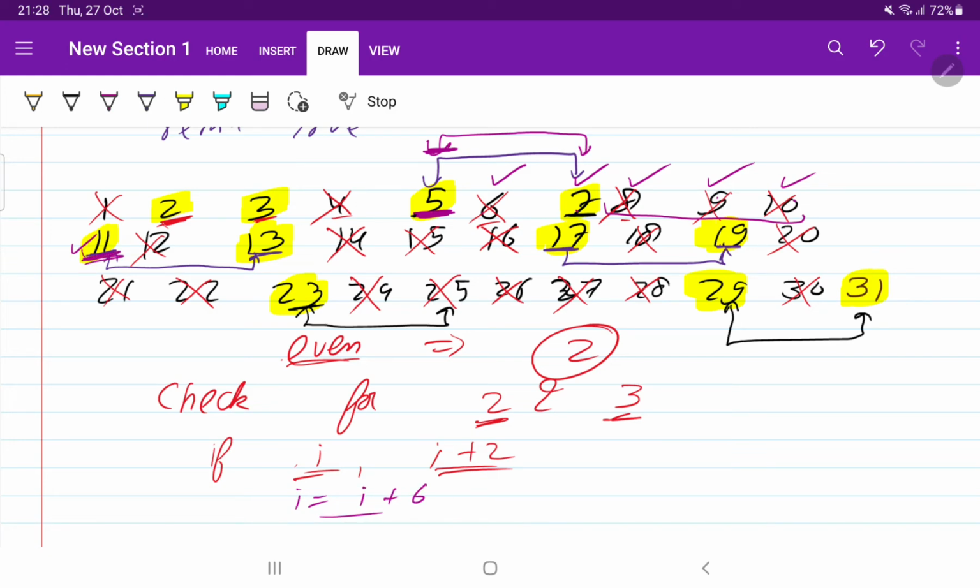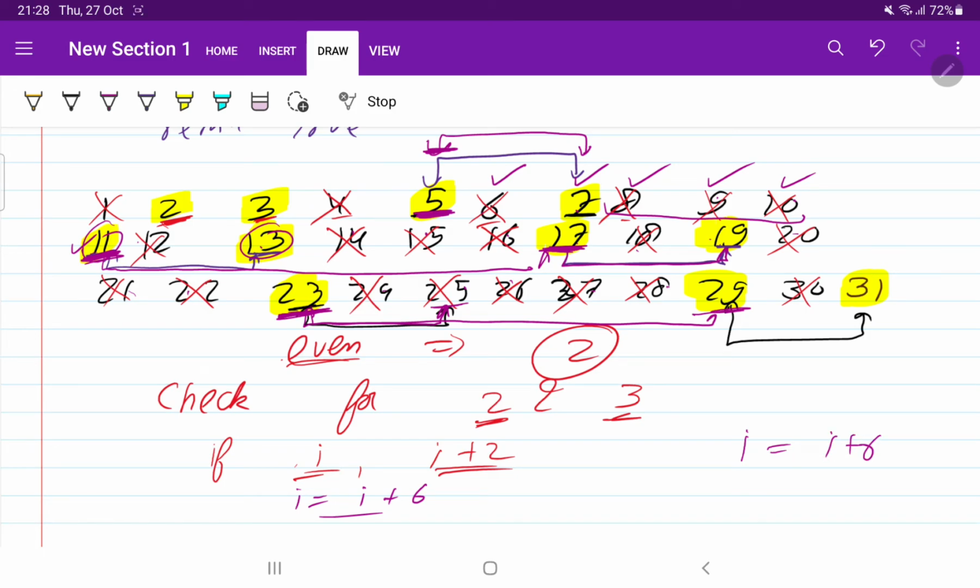Once you reach here, check for 11 and 13 and then directly jump plus 6, and you will reach 17. 1, 2, 3, 4, 5, 6. Then check for 17 and 19. From 17 do the jump of 6. Then coming to 23, check for 23 and 25, then take a jump of 6 again. So from here to here there is a jump of 6.